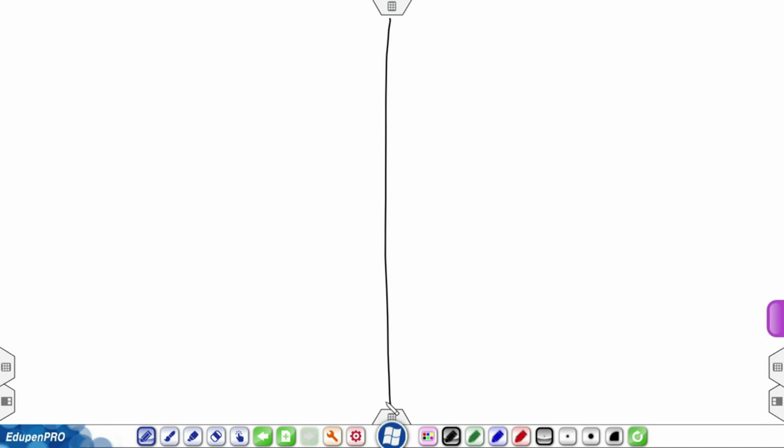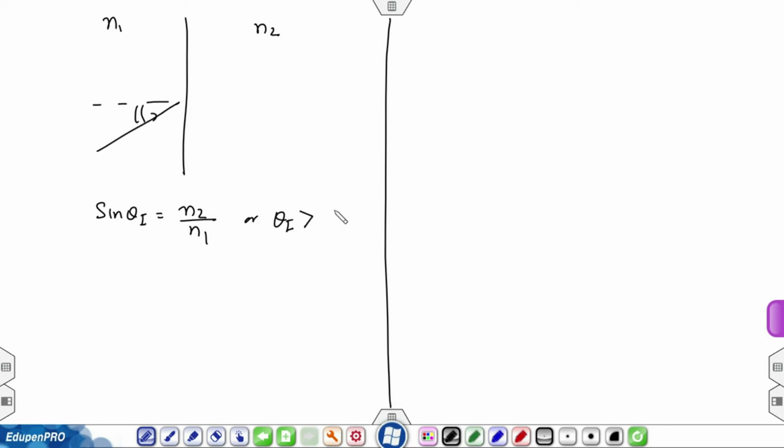So, what is happening in this case? Suppose I have a system with n 1 here and n 2 here, and a wave comes in with sine theta I equal to n 2 over n 1, or theta I greater than sine inverse n 2 over n 1. Then there is going to be a wave on the other side which is traveling only in the parallel direction, and the amplitude is decaying this way.